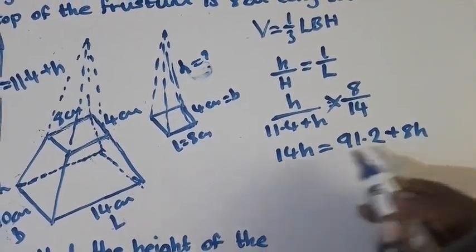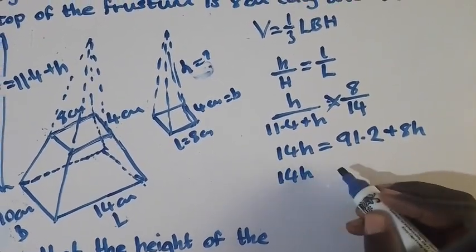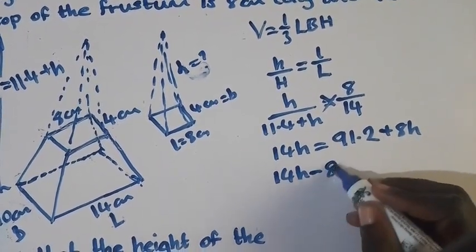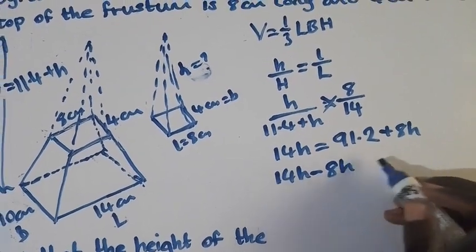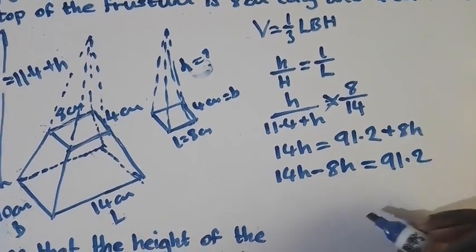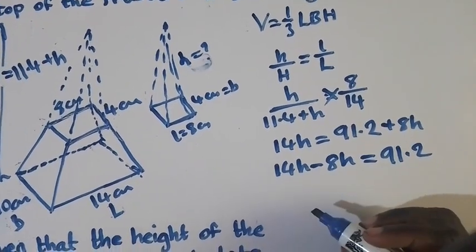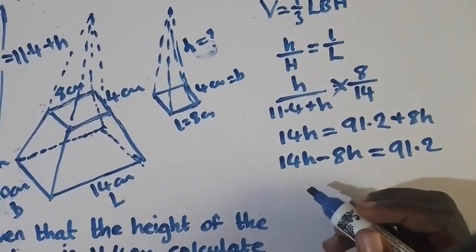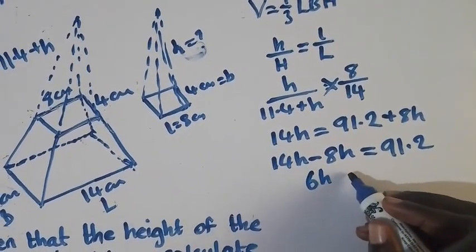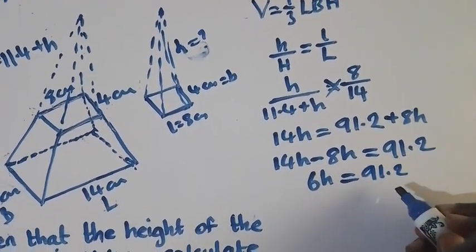Since we are solving for h, we need to collect the like terms. This will be 14h. This is positive. When it crosses the equal sign, it will become negative. So it will be minus 8h equal to 91.2. Now what is 14 minus 8? This will give us 6h, which is equal to 91.2.